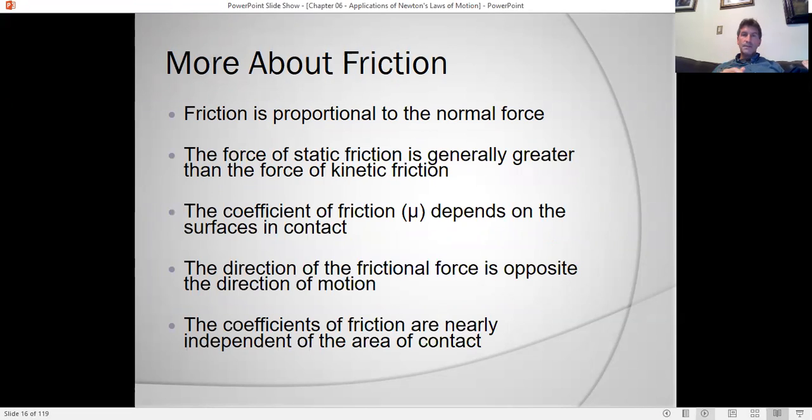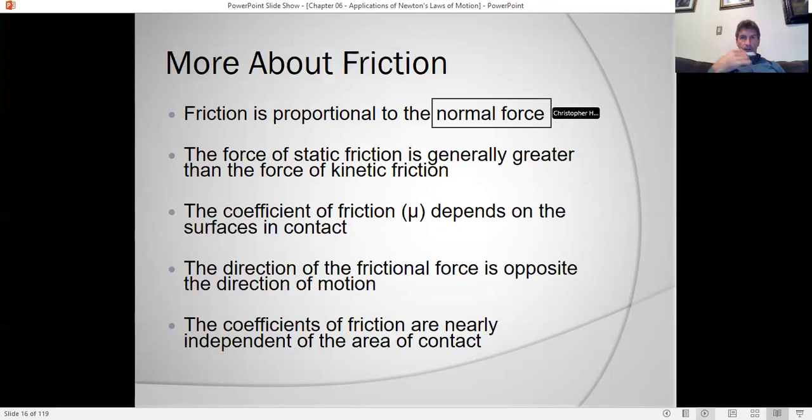Now, the contact force between surfaces we know as normal force. Okay? The normal force gets its name from its direction. Normal meaning perpendicular. And it is the contact force that prevents the two objects going together.